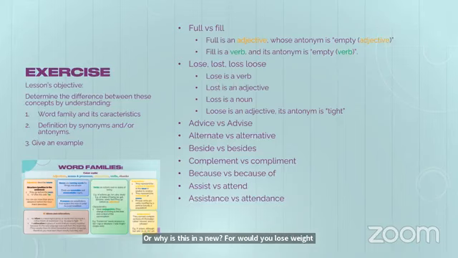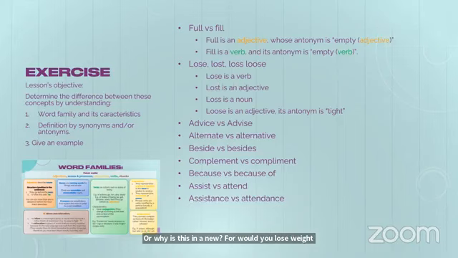It has two interpretations: the antonym is gain when you gain weight, or the opposite of lose when you cannot find something. Where is my cell phone? I cannot find it. Exactly. And then we have the definitions for lose and loose.